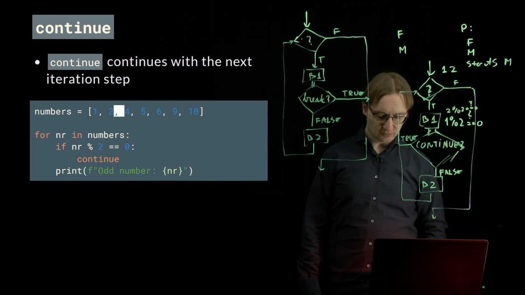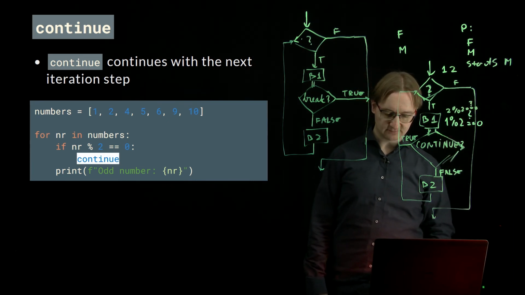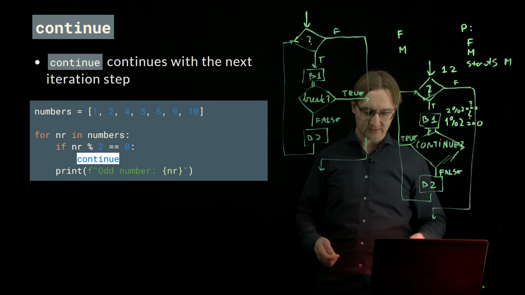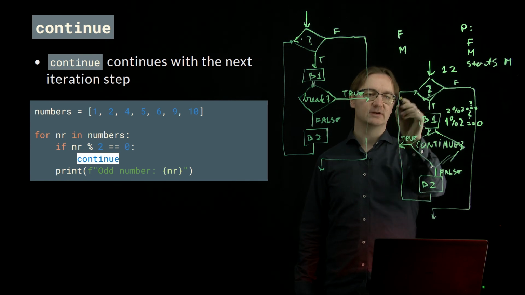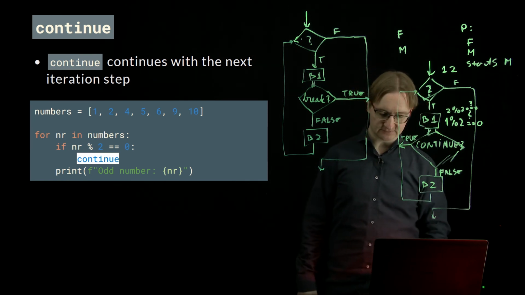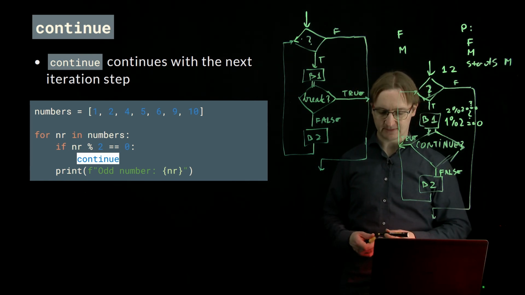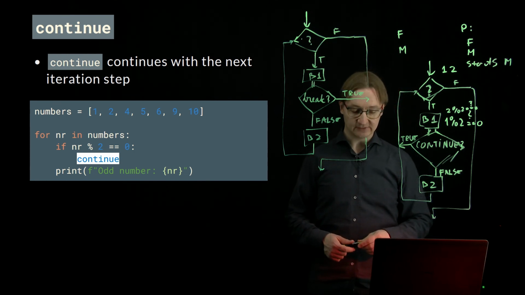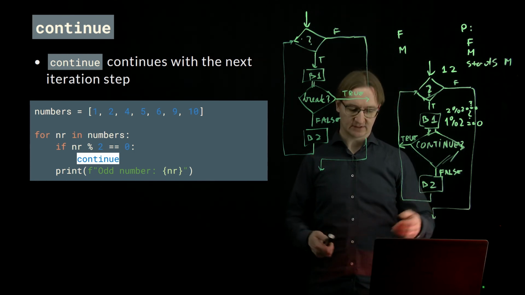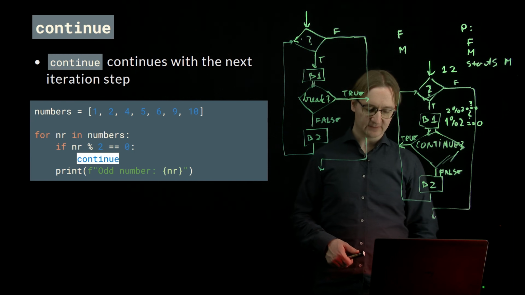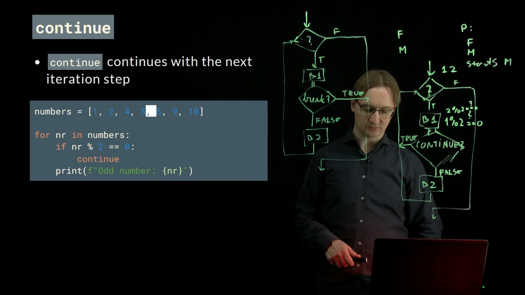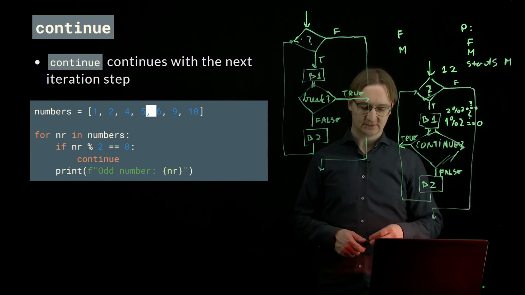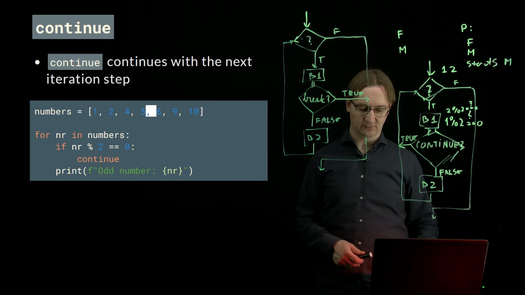Because it's true, it goes into this if condition body and continue is executed, and now we go and take the next element, which is 4, which is also an even number. So we again continue. 5 is not an even number, so we don't do continue, we print out that it's an odd number, and so on.